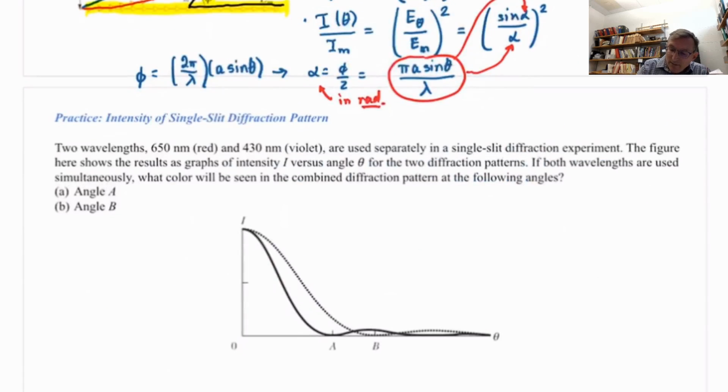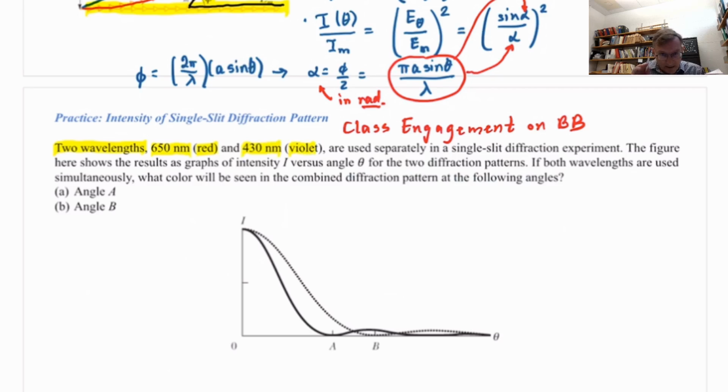Before we do that on Monday, here's a class engagement exercise for Blackboard. It goes like this: single slit intensity for single slit diffraction pattern. We're going to use 2 wavelengths of light, 650 nanometers, which is in the red region of the visible spectrum, and 430 nanometers, which is in the violet region.